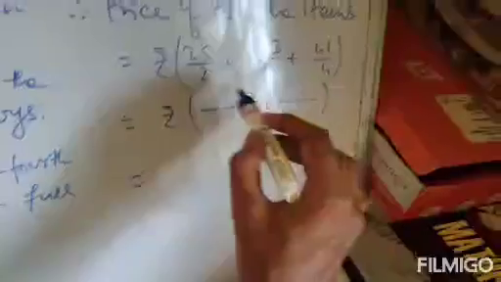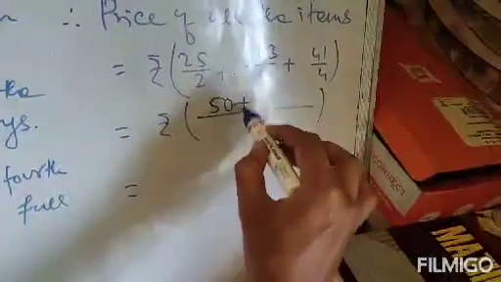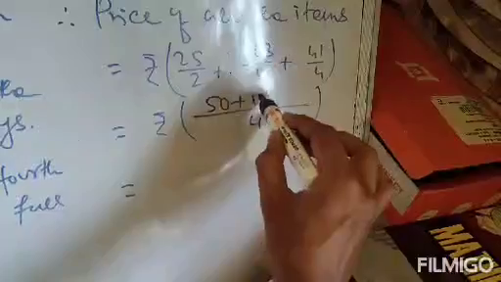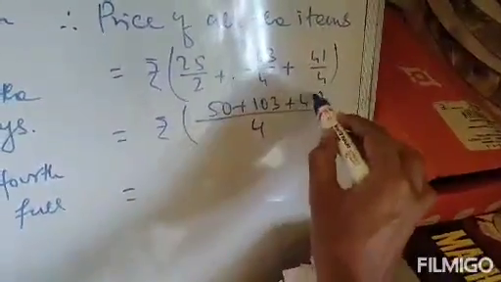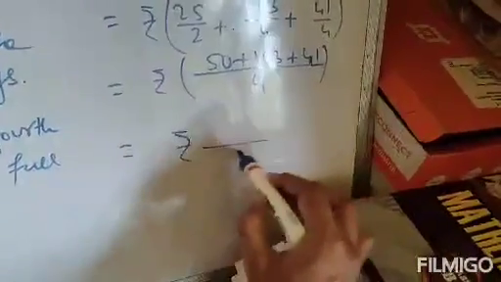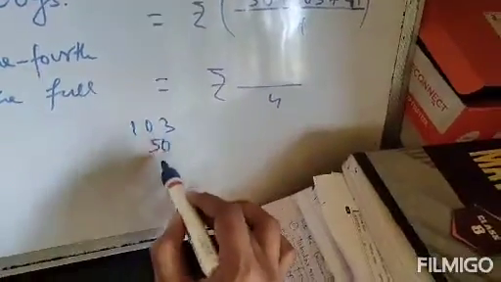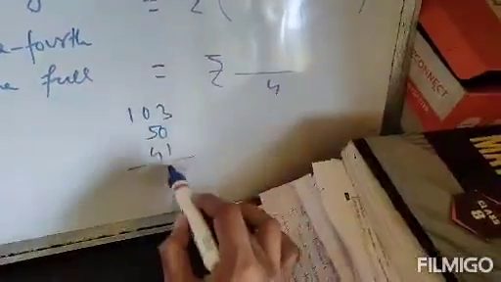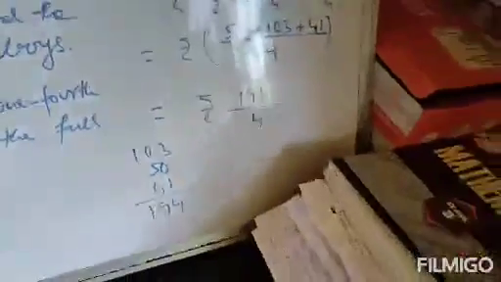Now the same process repeating. 4 divided by 2 is 2, and 2 into 25 is 50. 4 divided by 4 is 1, and 1 into 103 is 103. 4 divided by 4, quotient is 1, and 1 into 41 is 41. Now add: 50, 103 and 41. So 3 plus 1 is 4, 5 plus 4 is 9, and the total is 194. This is 194/4 rupees.